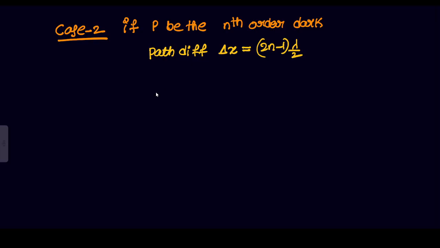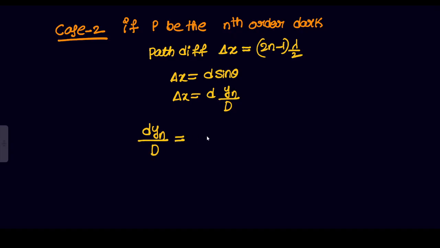We have seen the path difference delta x is d sine theta, and d into sine theta we got as yn by capital D. Now we equate: d into yn by capital D is equal to (2n minus 1) into lambda by 2.